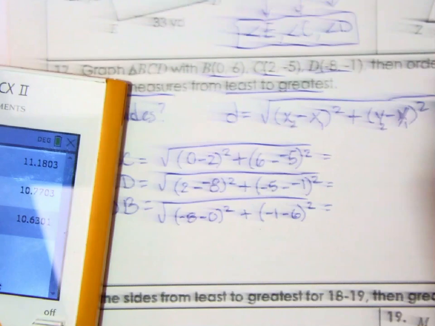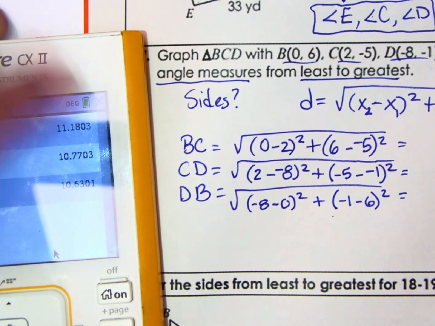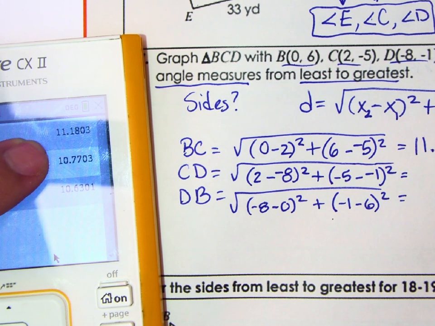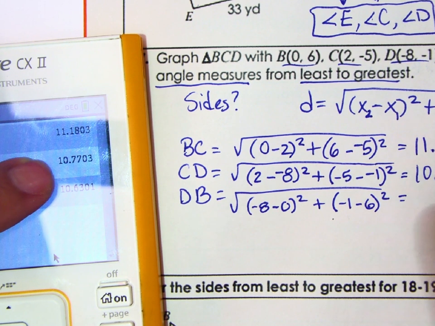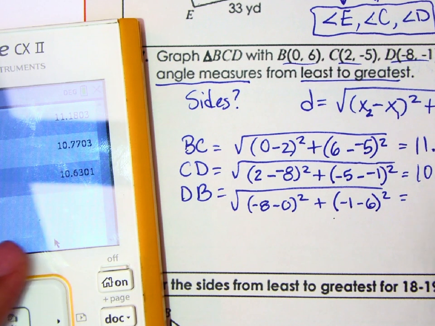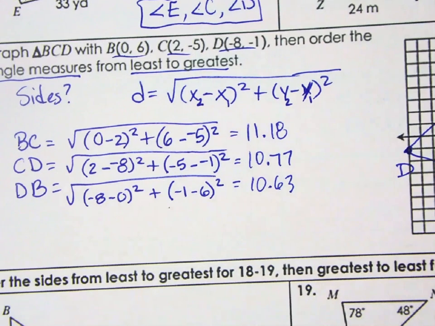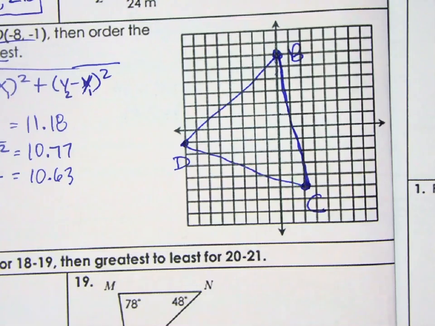So we're going to have the side lengths for BC be 11.18, and then CD will be 10.77, and then DB is going to be 10.63. All right, so now that we have the side lengths, we can label them here if it makes it easier.